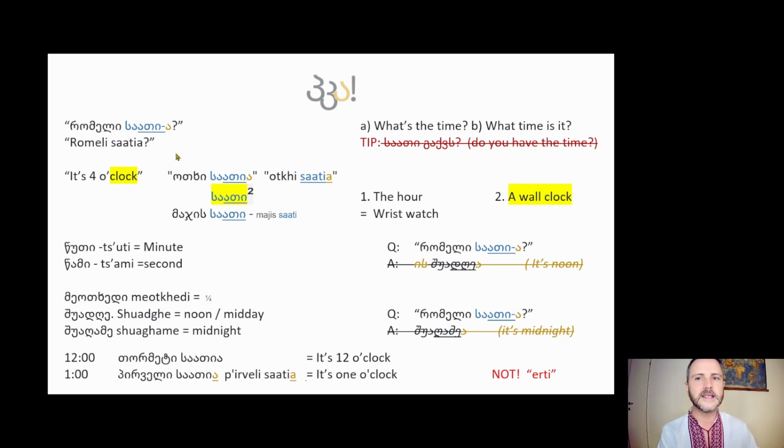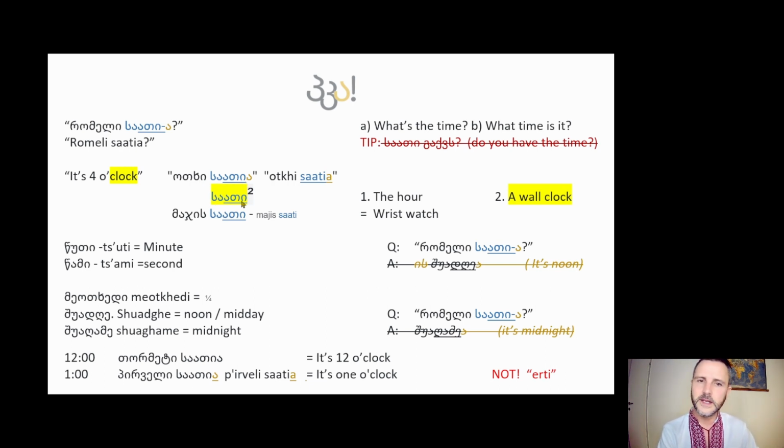And so Romelisatia, it's 4 o'clock. Orchi satia. The point here is that this a gives us the it's. The a is essential. So orchi satia tells me that it's 4 o'clock. It's orchi sati.